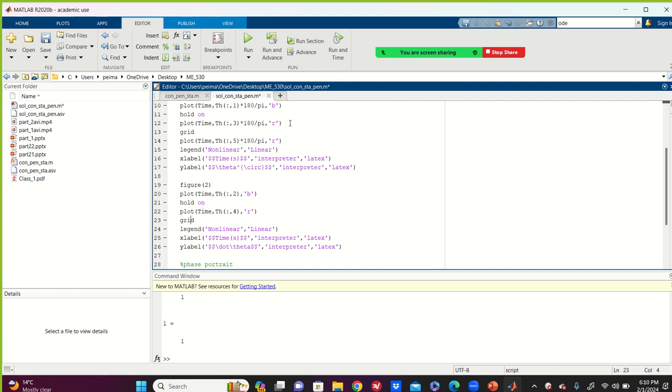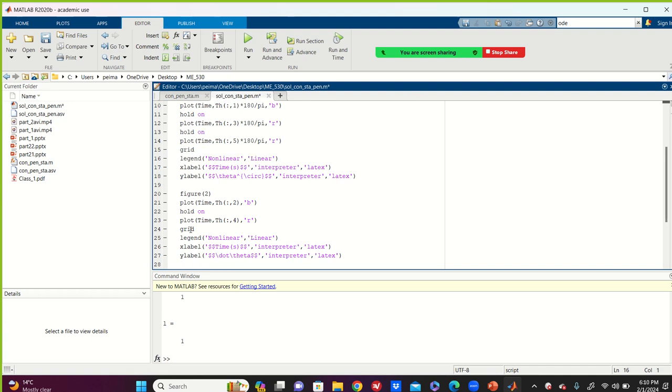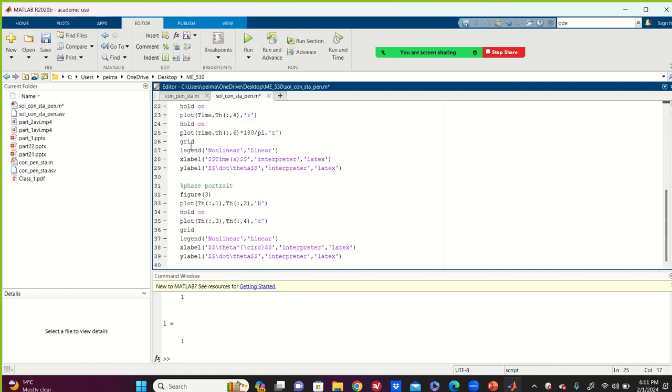Actually this, hold on, grid, and here we go, and this is gonna be 6, angular velocity, and for the phase portrait this is gonna be 5 and 6.